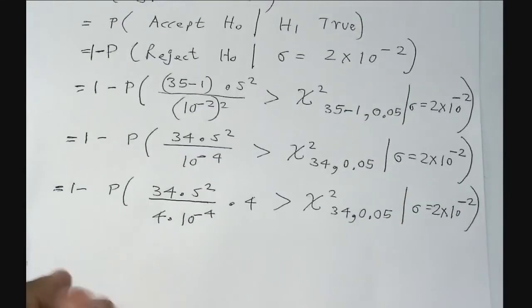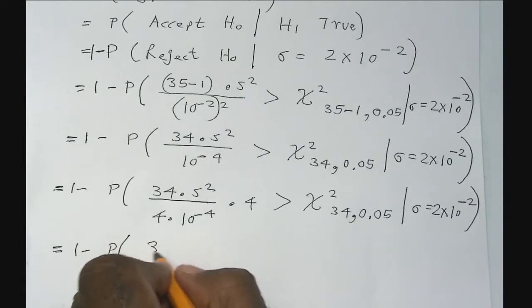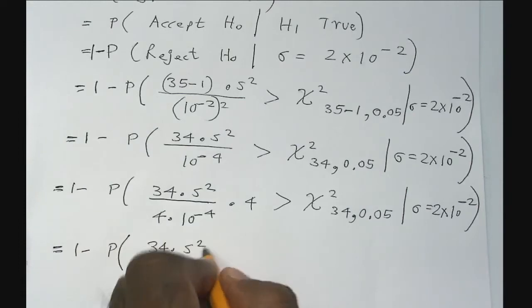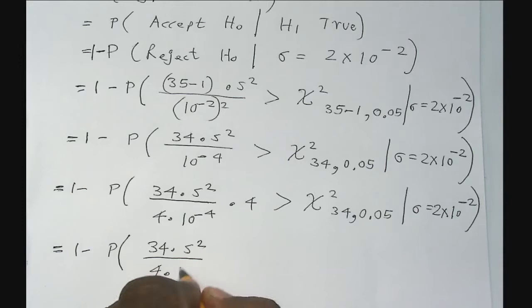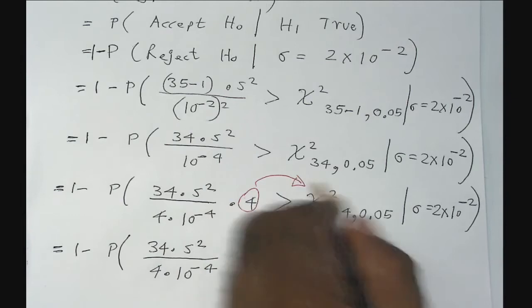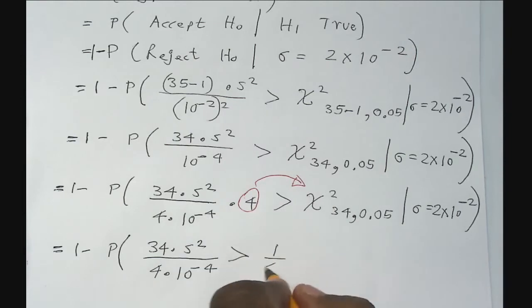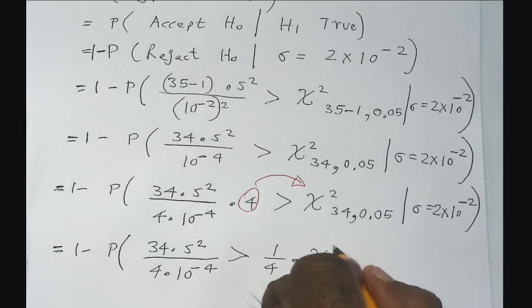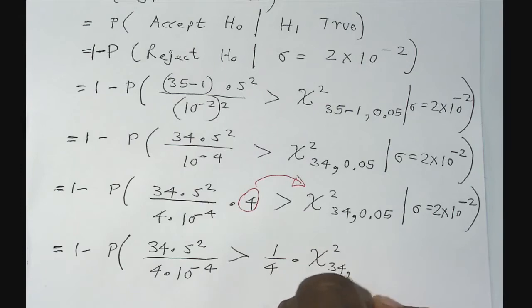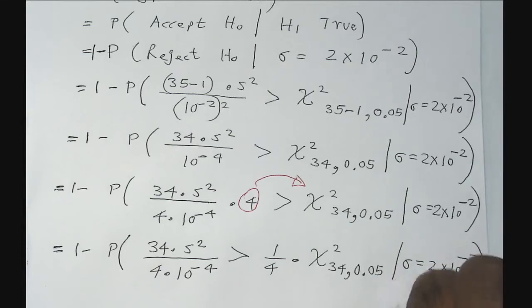Right, the next step is I'm going to take the 4 here to the right hand side, so it will become 1 divided by 4 times this given this.